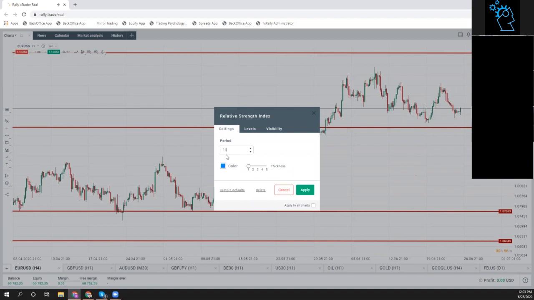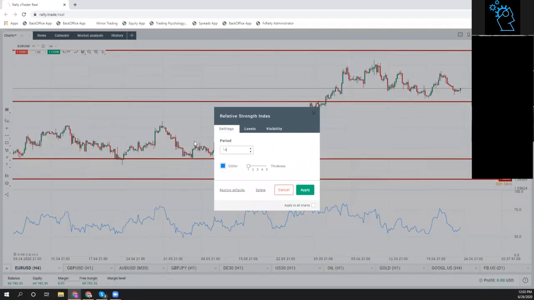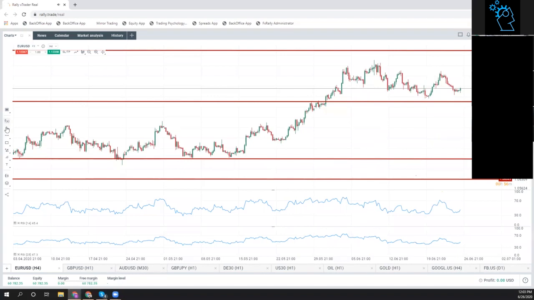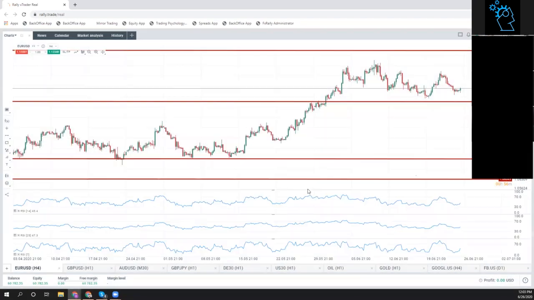So we have the 14 RSI. Let me add another one, let's say a 25 RSI. And also, let's add a 7 period RSI.